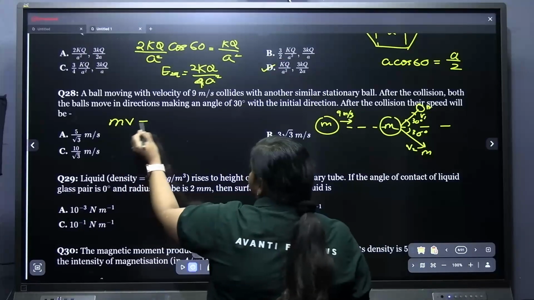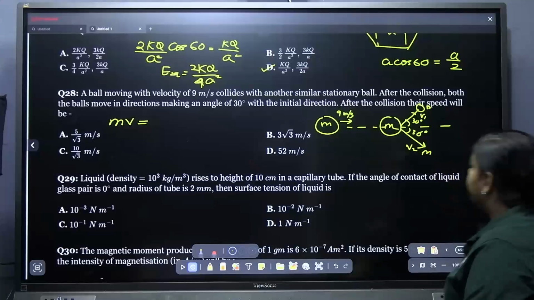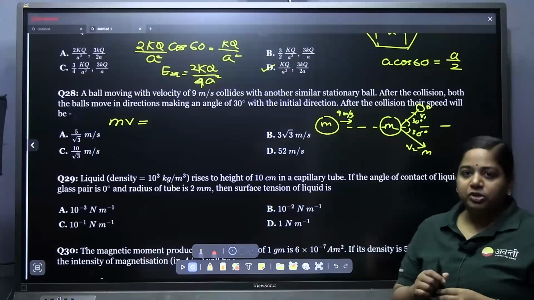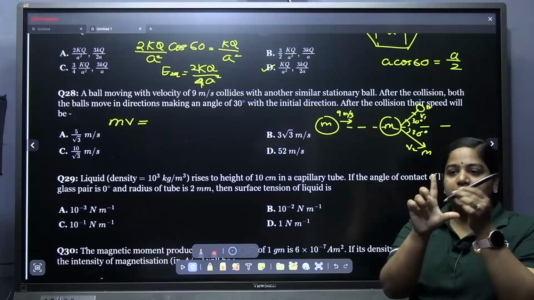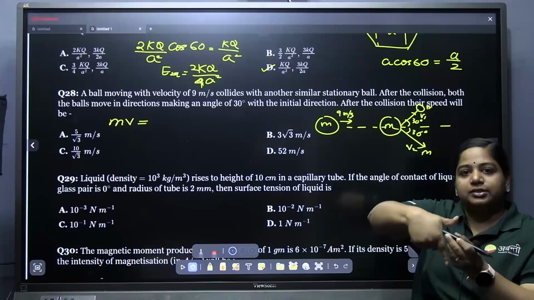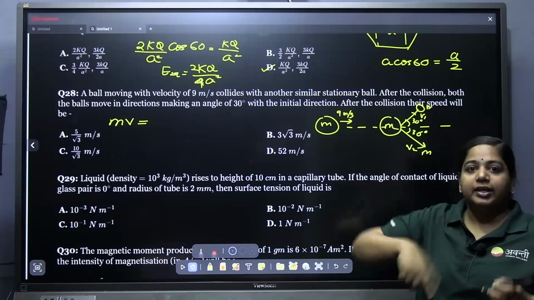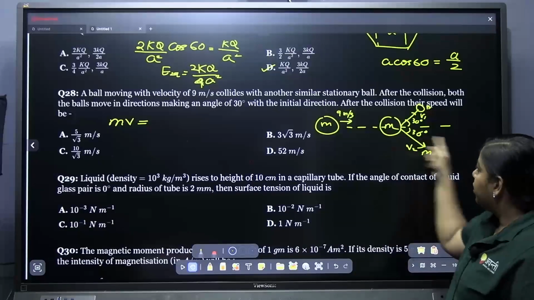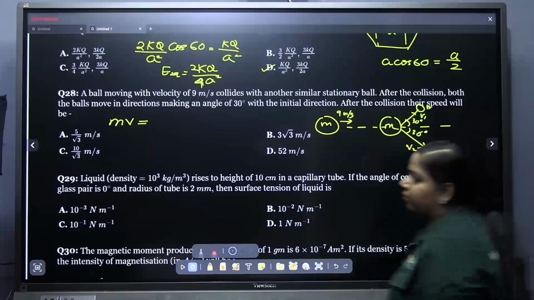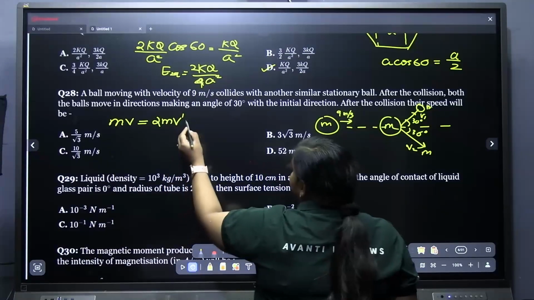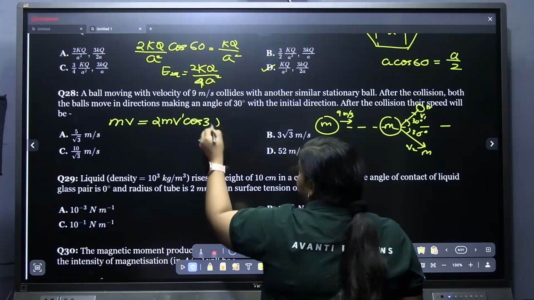Initial momentum mv is equal to, here since they are moving at an angle, we have to take the components of velocity. Velocity in this direction, so sine component and cos component. In this direction, sine component, cos component. You can see that vertical direction it will get cancelled out. So only horizontal components we have to take. So it will be equal to 2mv dash cos 30.